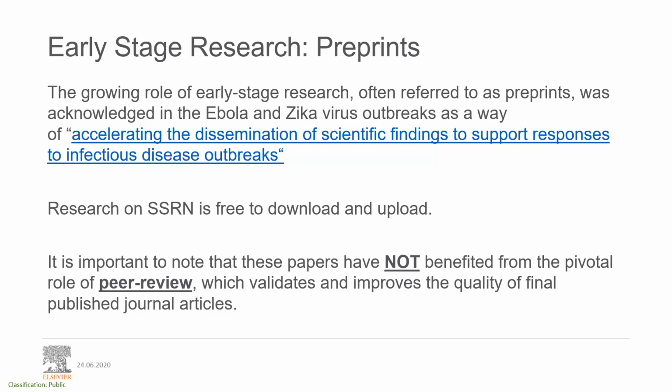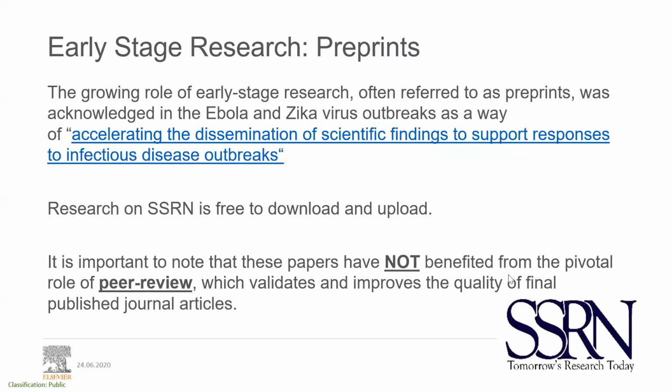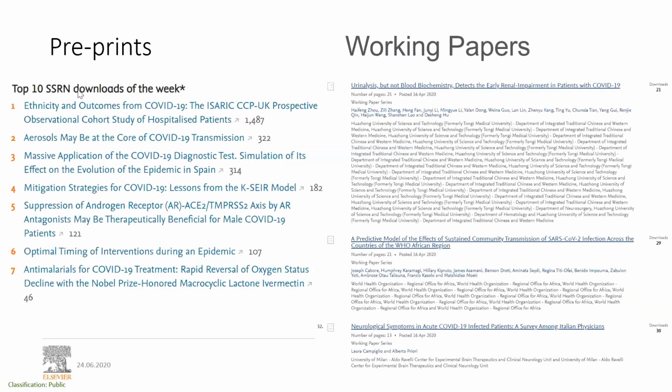This has happened with COVID, but it's very important for readers to know that the early stage research on a preprint server, whether it's SSRN or other, has not been peer reviewed, has not been validated scientifically, and as such, it should be very carefully used by readers and especially decision makers.